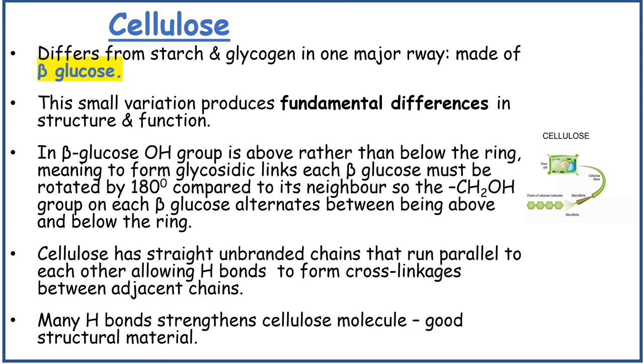So the CH2OH group on each beta-glucose alternates between being above and below the ring. Cellulose has straight, unbranched chains that run parallel to each other, allowing hydrogen bonds to form cross-linkages between adjacent chains. Many hydrogen bonds strengthen the cellulose molecule, which means it's a good structural material.